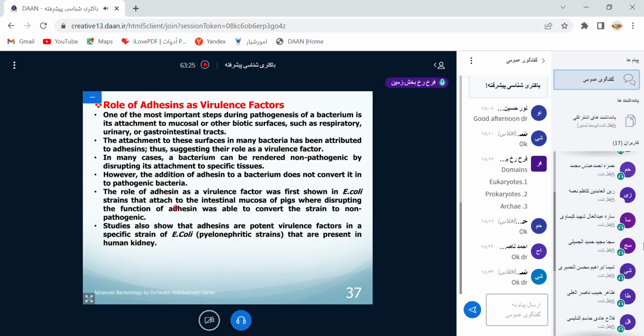For strains that attached to the intestinal mucosa of pigs, disrupting the function of adhesins was able to convert the strain to non-pathogenic. Studies have also shown that adhesins are potent virulence factors in specific strains of E. coli, pyelonephritic strains that are present in the human kidney.